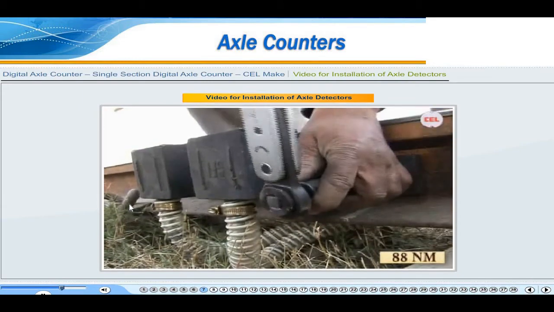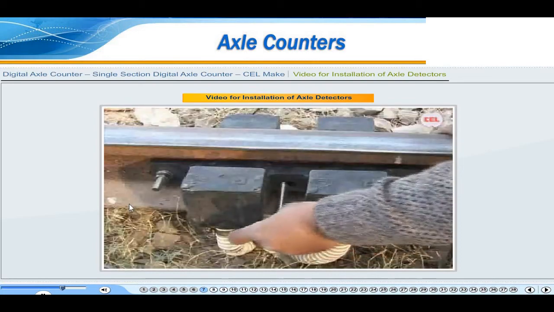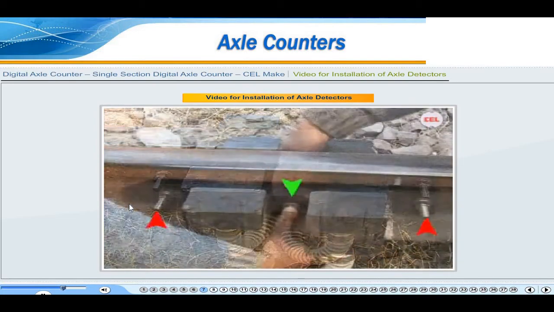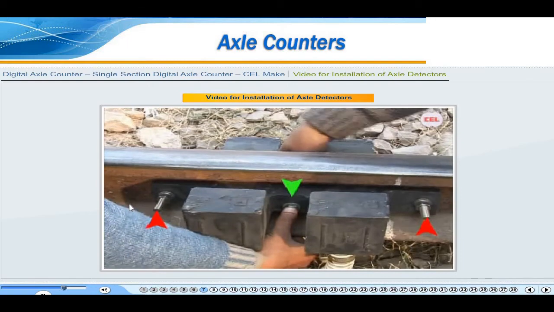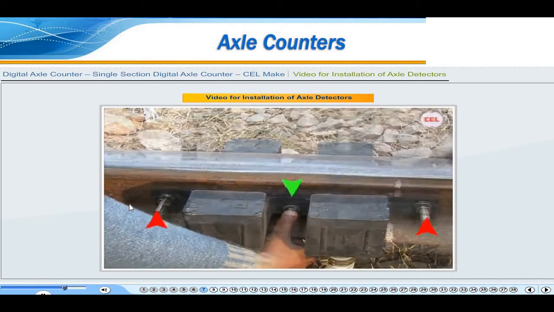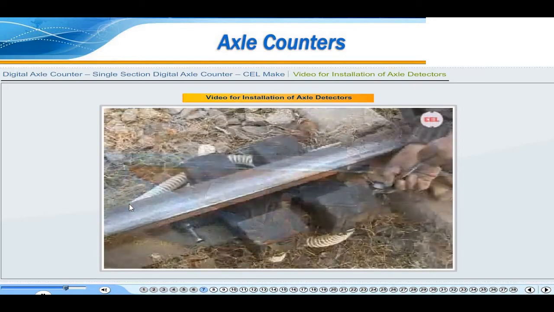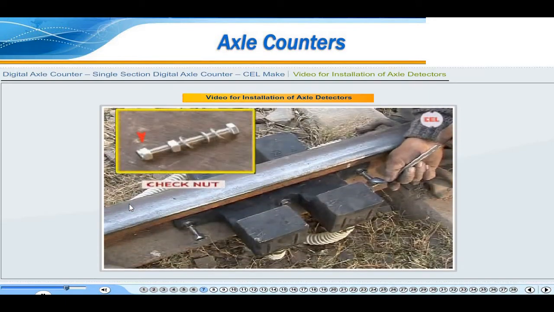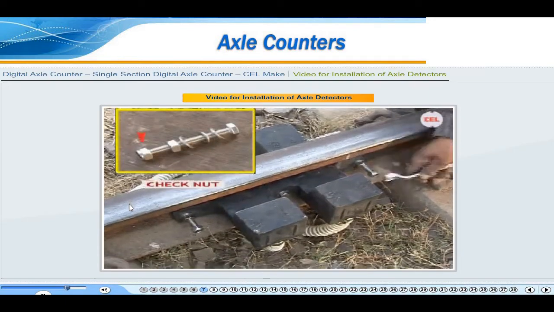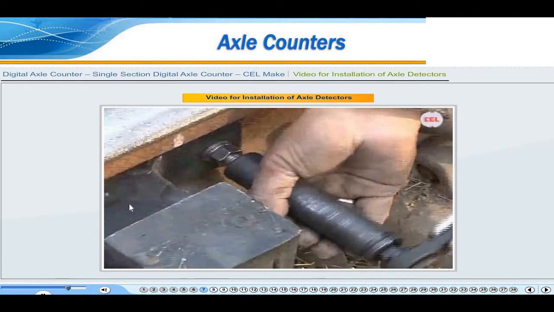Also ensure that the direction of bolts at the extreme ends is different from the bolt at the center. Use 3 numbers of check nuts M12 by 100 mm to tighten the axle detectors.